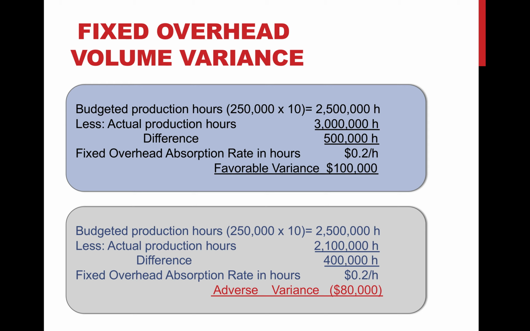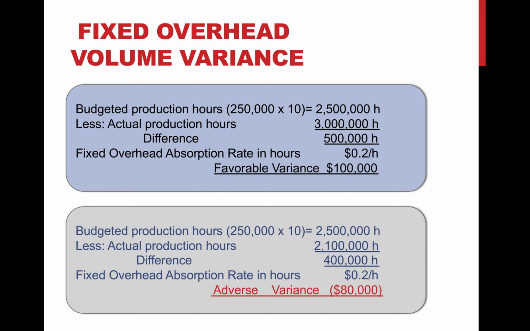So you have a favorable variance of 100,000. That means that you have to reduce your cost of goods sold by that amount, 100,000.